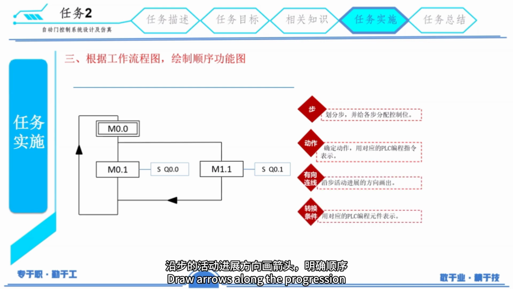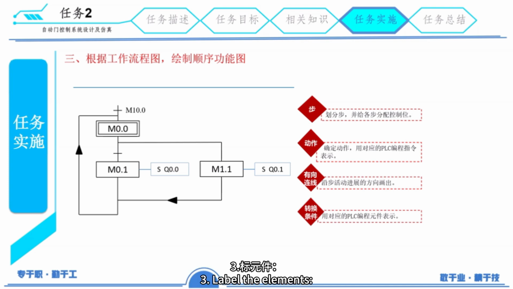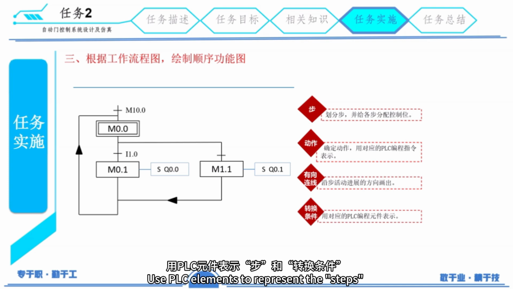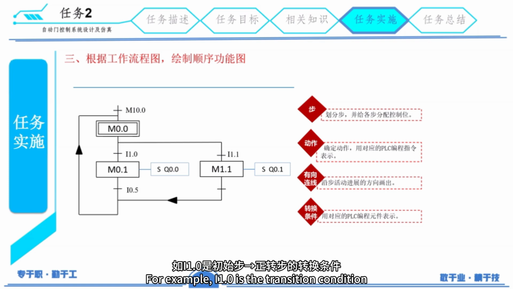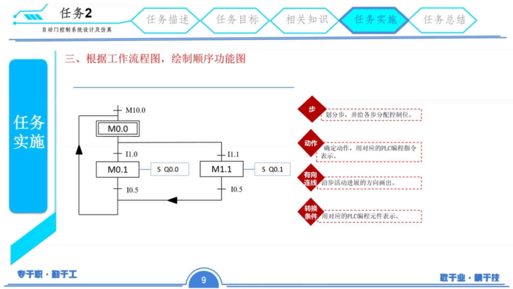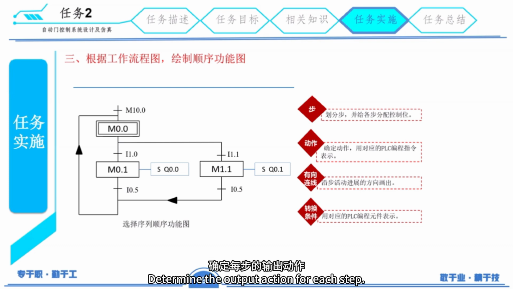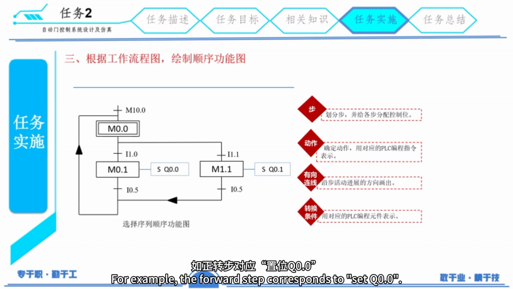Draw arrows along the progression of steps to define the sequence. Third, label the elements. Use PLC elements to represent the steps and transition conditions. For example, I1.0 is the transition condition from the initial step to the forward step. Fourth, define the actions. Determine the output action for each step. Represent them using PLC instructions. For example, the forward step corresponds to set Q0.0.